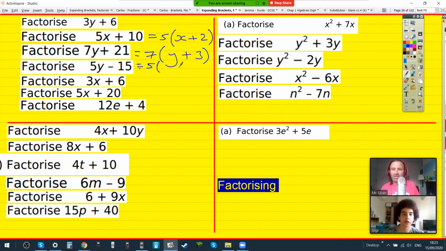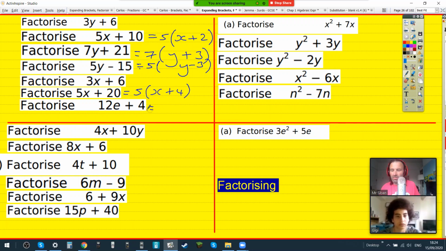So are there multiple answers to these questions? No. Oh yeah. 5 times y minus 3. Very good. How about this one? It'd be 5 times x plus 4.